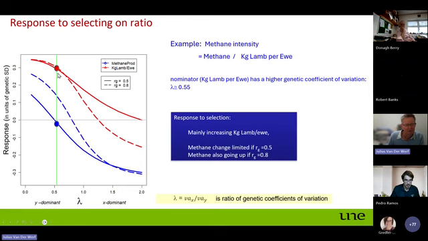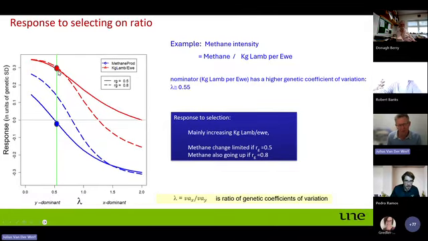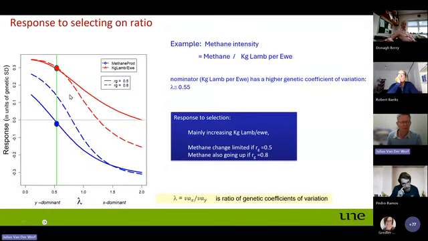Basically, the productivity trait or the product trait has more variation, so you pull harder on the denominator than the numerator, because a ratio can be changed in two ways. You can increase productivity or decrease methane, and what most happens for the examples that we looked at, you increase productivity, and methane goes up with it, but that would be less so if the correlation was lower. So that's the blue trait here. And so that's exactly what we see here.